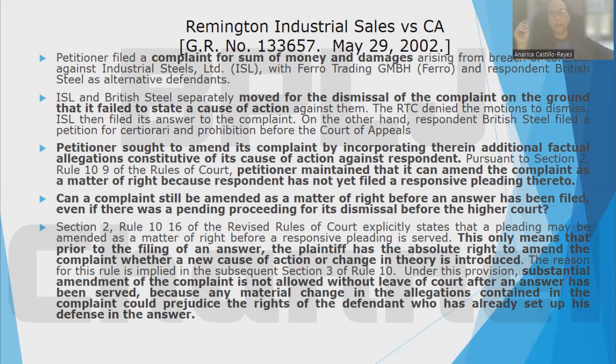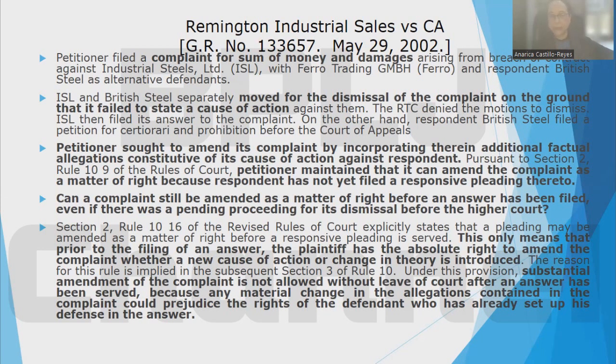Now, Remington sought to amend its complaint by incorporating additional factual allegations constitutive of its cause of action. Remington maintained that it can amend the complaint as a matter of right because no responsive pleading has yet been filed. Can a complaint still be amended as a matter of right before an answer has been filed, even if there is a pending proceeding for its dismissal before the higher court?